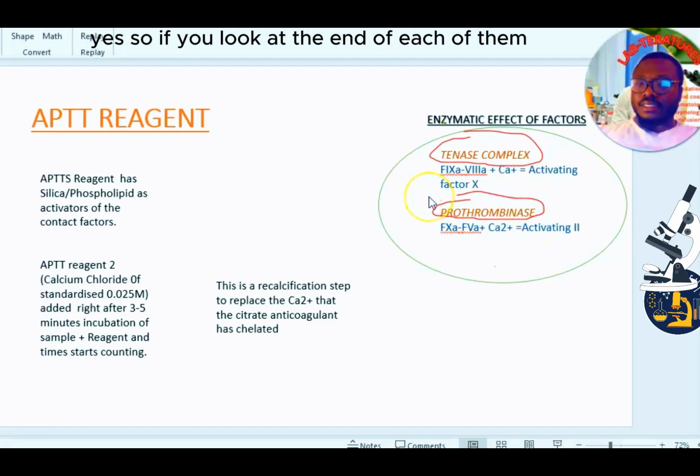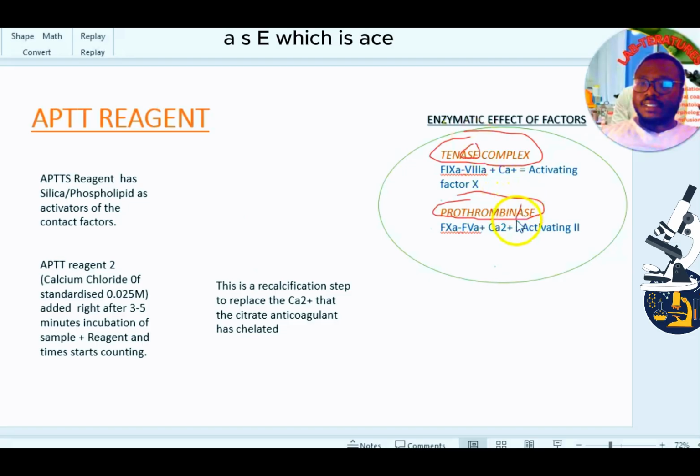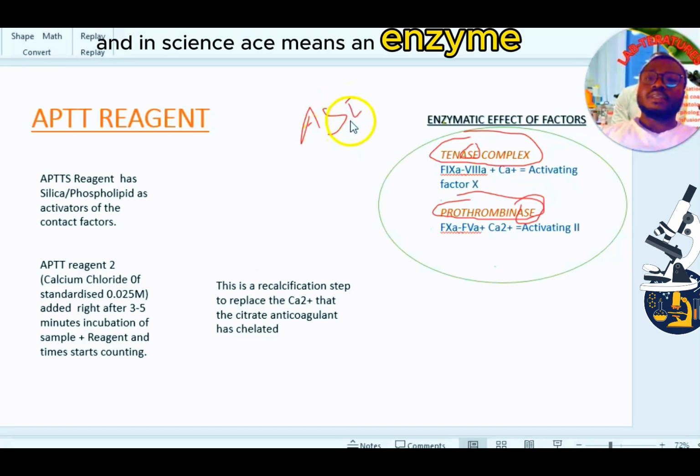Yes, so if you look at the end of each of them, you see ASE, which is ACE. And in science, ACE means an enzyme.